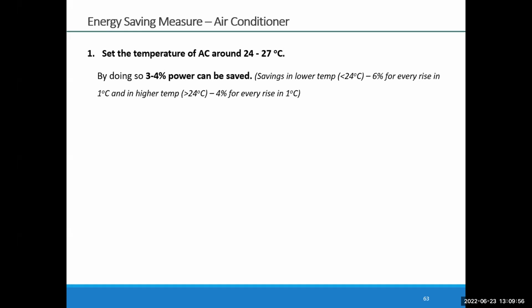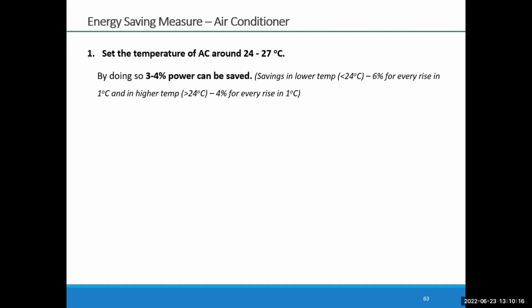As a thumb rule, based on the research done, by increasing the set point between 24 to 27 with respect to 20 degrees or below 24 degrees, at least 3 to 4% of energy can be saved.